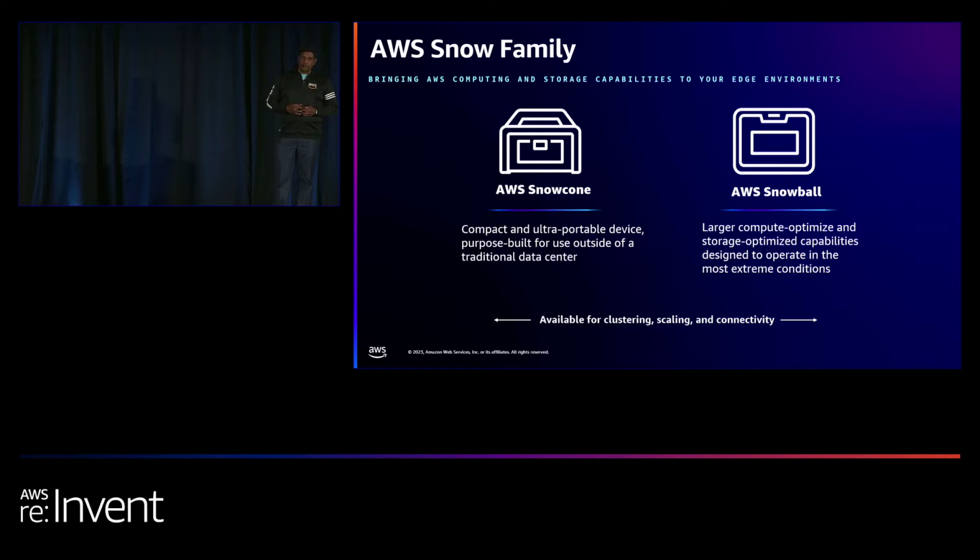So at a high level, the Snow family, there's two main services, AWS Snowcone and AWS Snowball Edge. Each of these services come in different configurations of compute and storage capacity, and those give you options for your different use cases. Where customers use Snowcone and Snowball Edge today, they use it as an example, as an IoT hub, where data coming from sensors generated at the edge are captured.